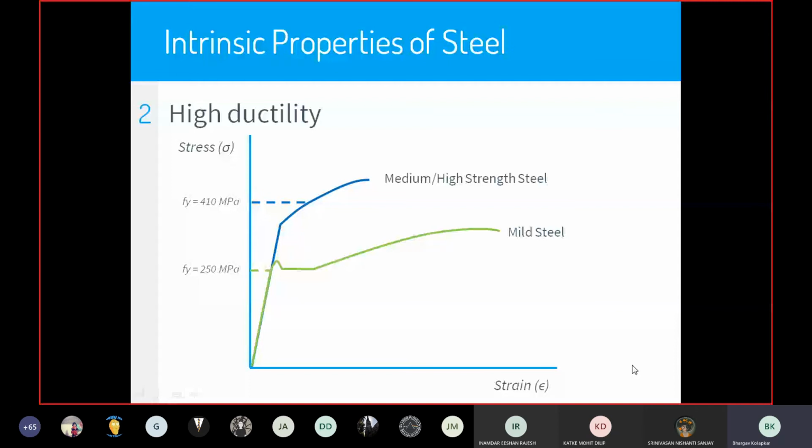So you can see how strong and how ductile steel is as compared to concrete. Moving on. The third intrinsic property is that it's elastic, and this form of behavior is predictable. If I look at the curve of concrete, there's hardly any straight line here. It's all parabolic, and therefore it's difficult.